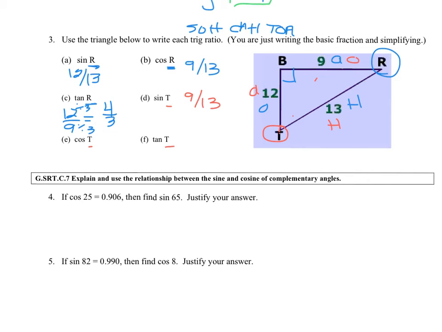And then I need cosine, which in this instance, I need the A and the H, which would be my 12 and my 13, so that's 12/13. And I need my tangent, which is my O and A. O, A, so it's 9/12.